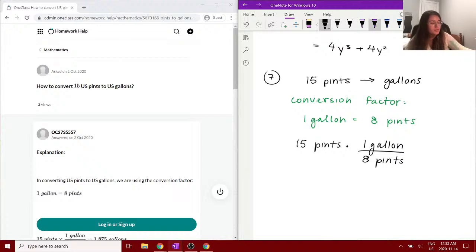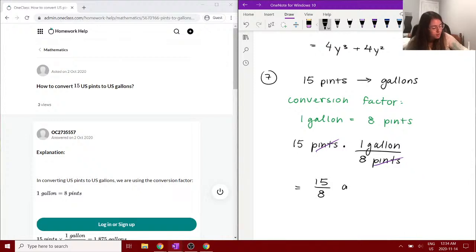And that's how I remember what to multiply it by. You want to put in the denominator the unit so that it essentially cancels out with the unit that is in the given term, okay? And in this case, we are left with 15 over 8, and since the unit pints has been canceled out, this is in gallons now.